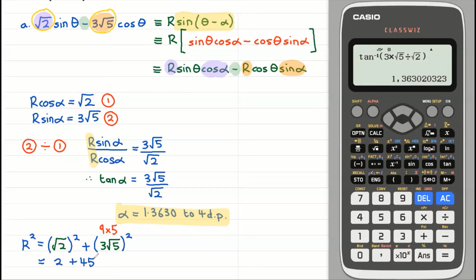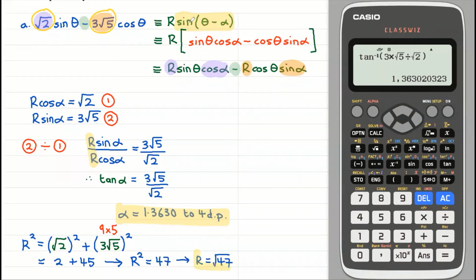I'll just put the answer here. So that means that R squared is 47. In other words, R is going to be the square root of 47. Not a nice answer, but an answer nonetheless.